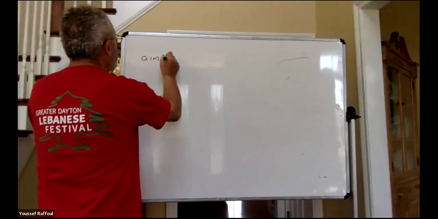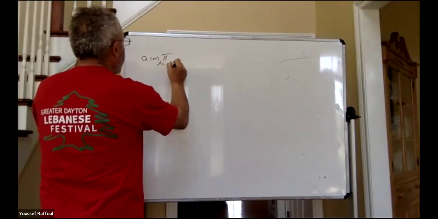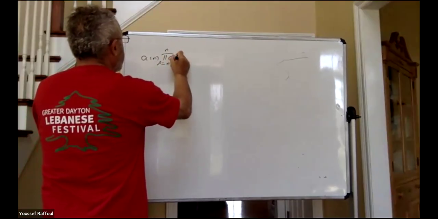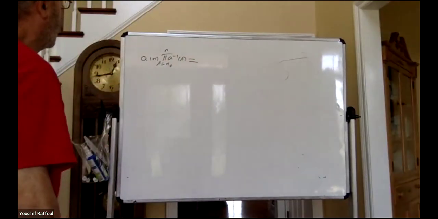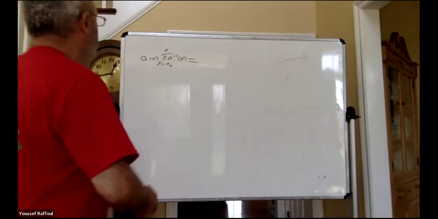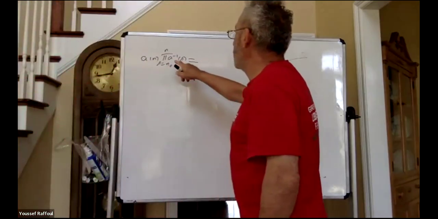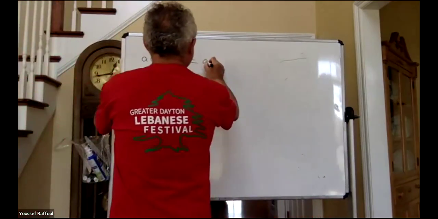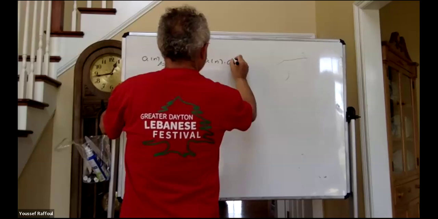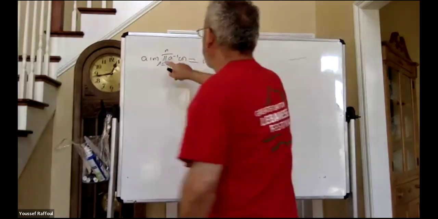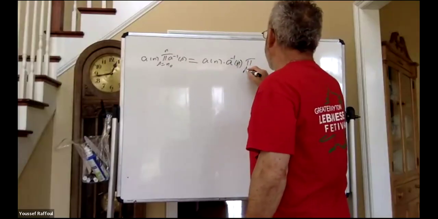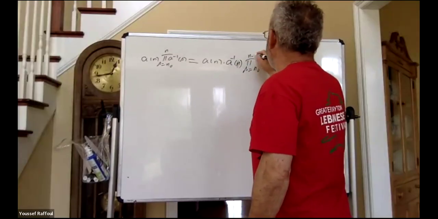The product from s equals n0 to n of a inverse of s is a_n times a inverse of n times the product from s equals n0 to n minus 1.